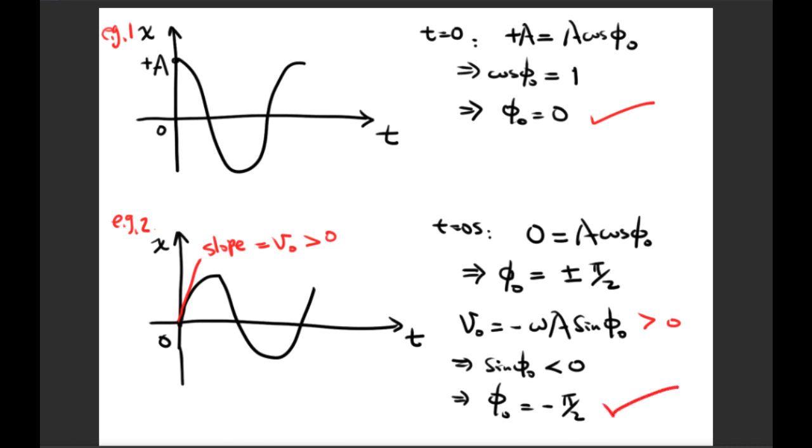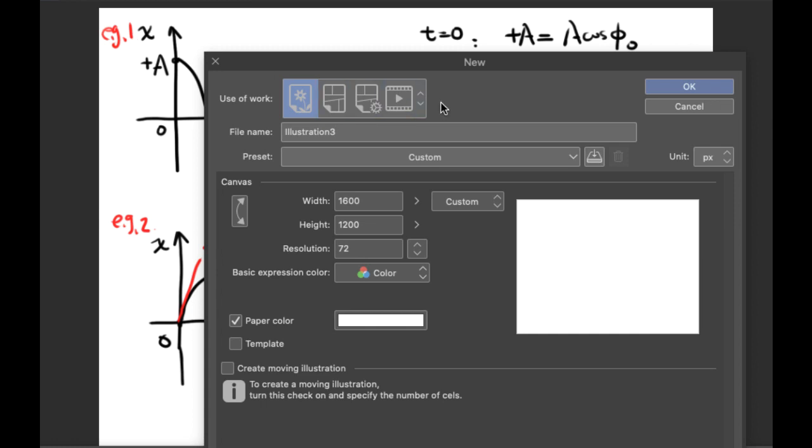As a comparison, I would like to show you a third example. Now we have such a diagram. This is t, and that is x.